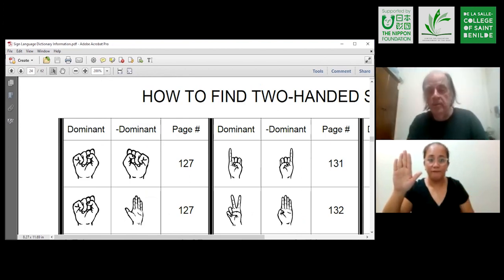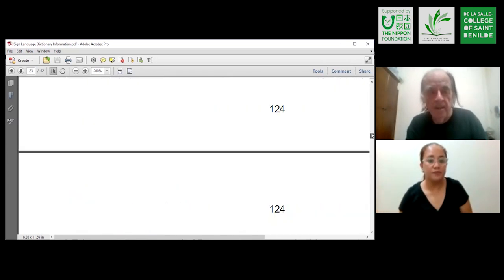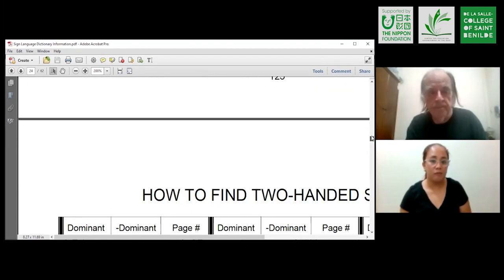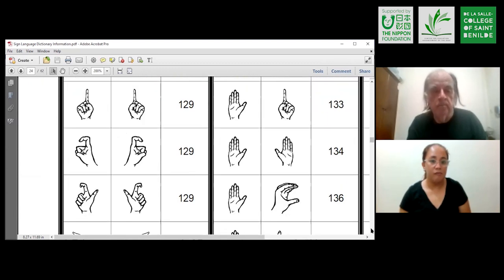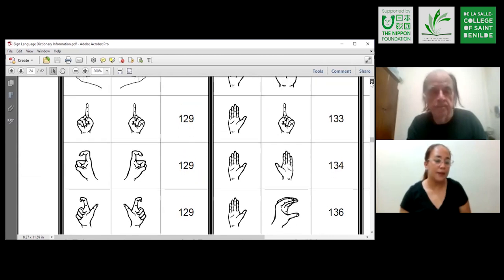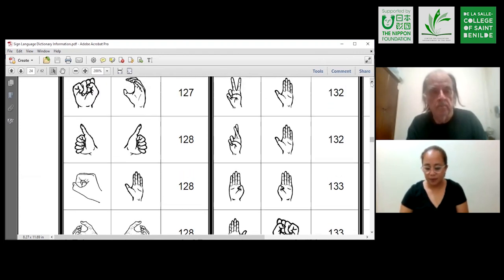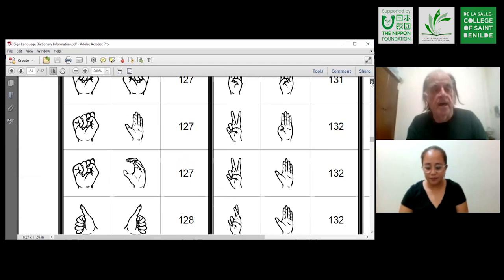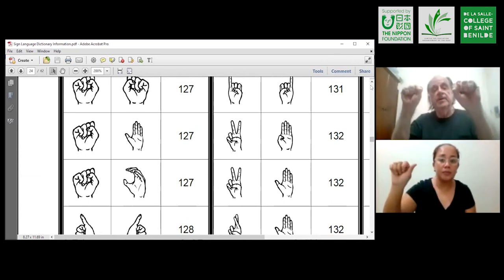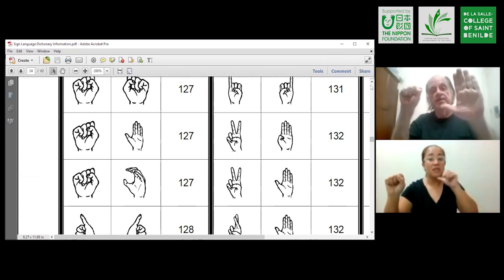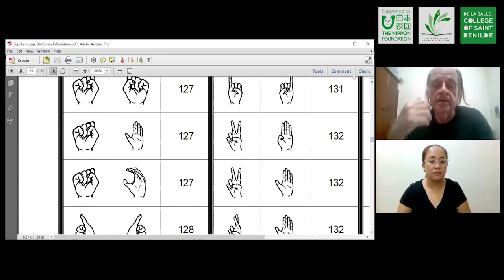So we continue until we get to the dominant hand shape that has the A with an S, and then the non-dominant hand shape has A with an S, B with the thumb extended, and then C. Does that make any sense?